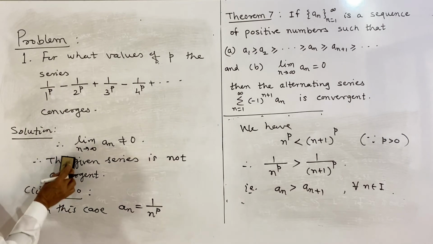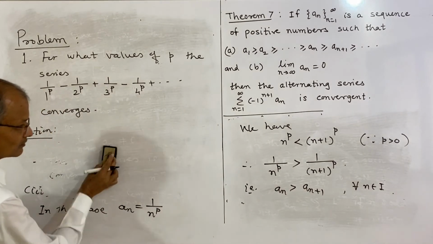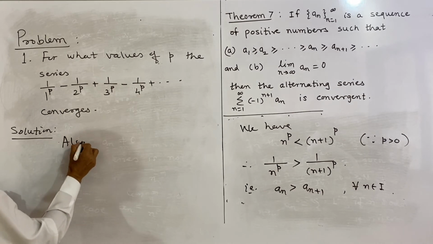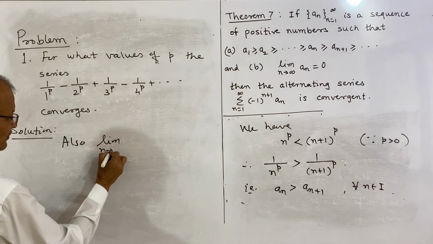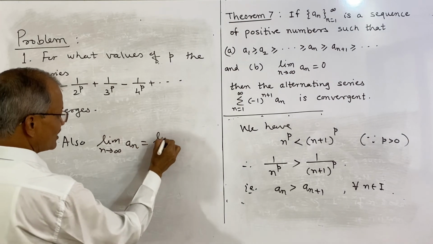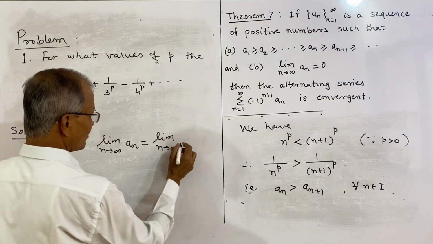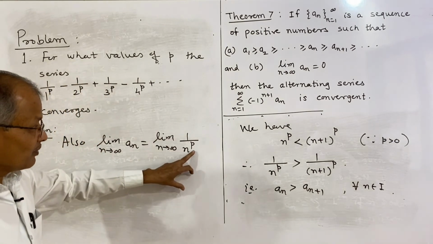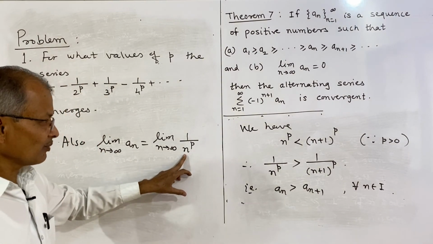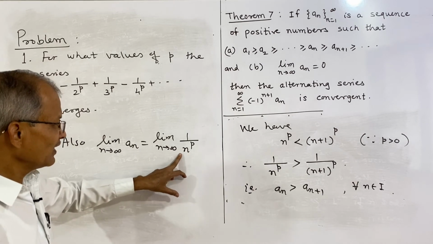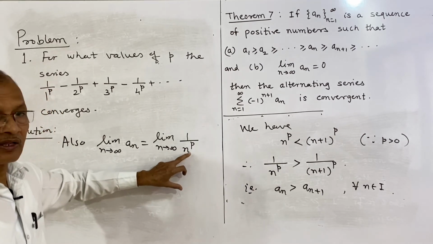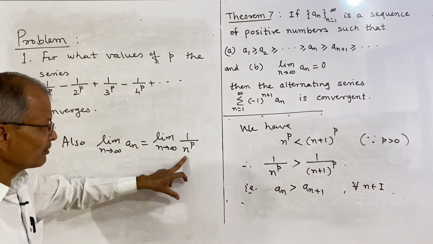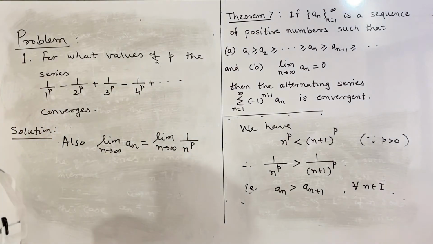Also, what about the limit of a_n? The limit as n tends to infinity of a_n is equal to the limit as n tends to infinity of 1 over n power p. See, p is positive and n is also positive. So n is infinity, infinity raised to a positive value at the denominator means the denominator becomes infinite, and since the denominator becomes infinite, the value will tend to 0.